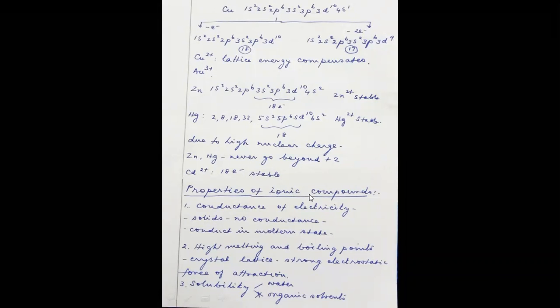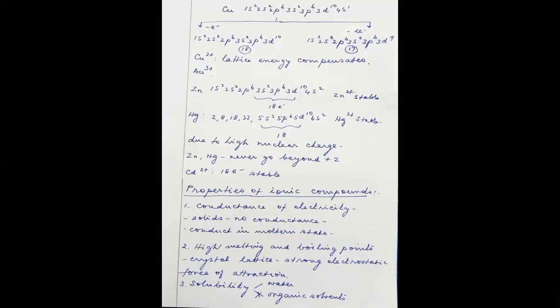Now, the properties of ionic compounds. What are the properties of ionic compounds? First property, the ionic compounds conduct electricity. In solid state, they do not show any conductance because the ions are very rigid and held up in their positions.